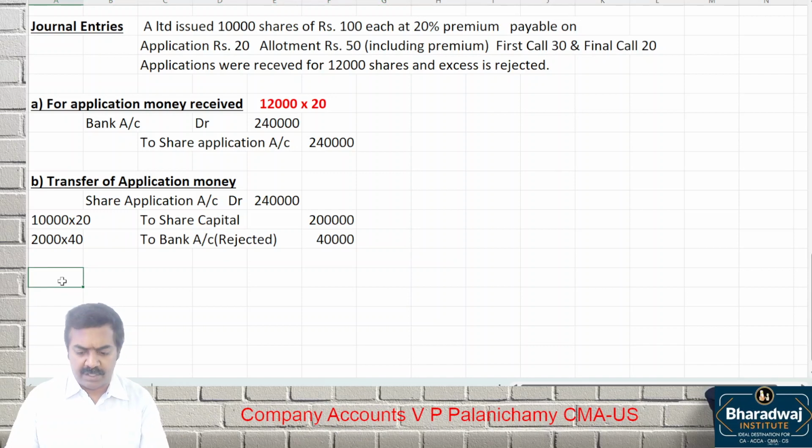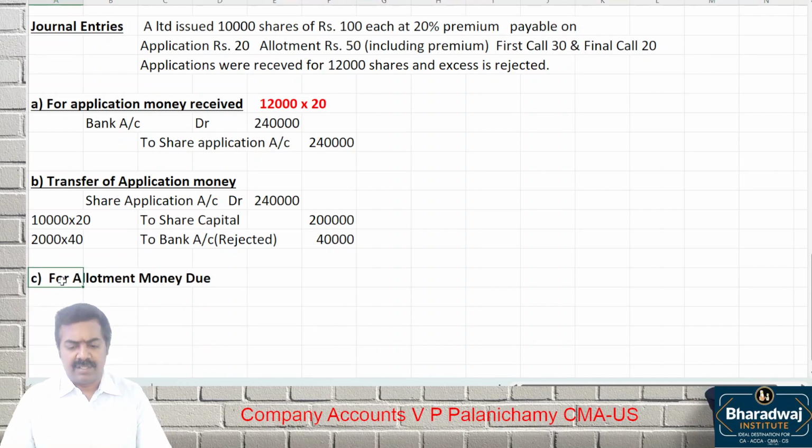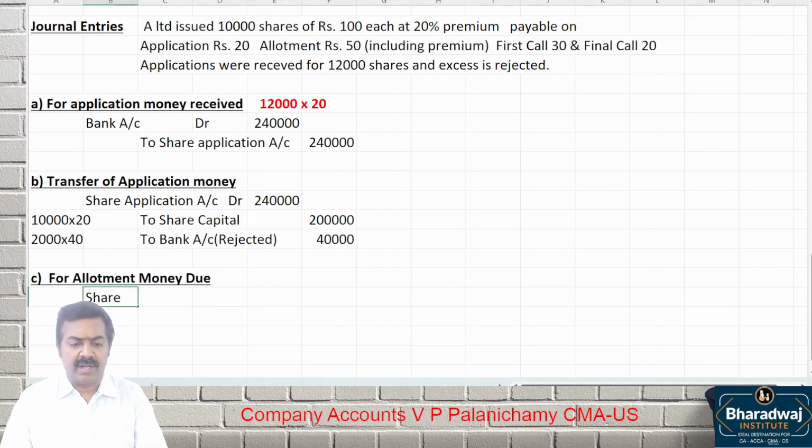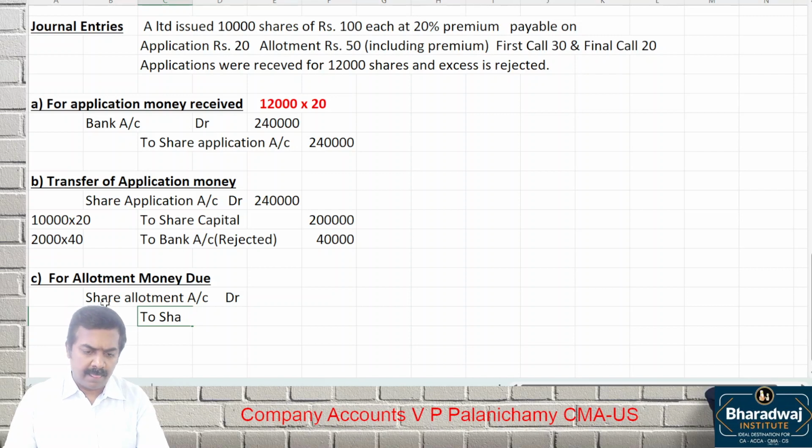Now pay attention carefully, then you can copy it later. For allotment money due. Next money is allotment money, 50 rupees. So we'll put the due entry: share allotment account debit to share capital. The premium will go to securities premium.